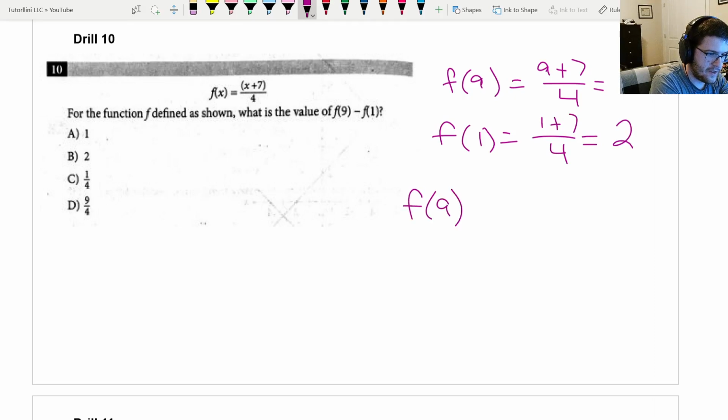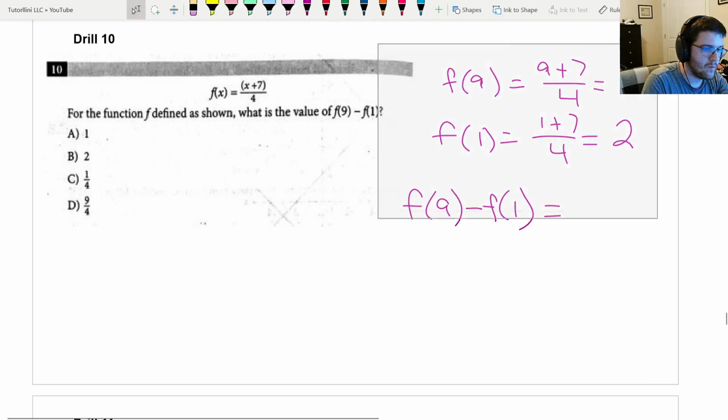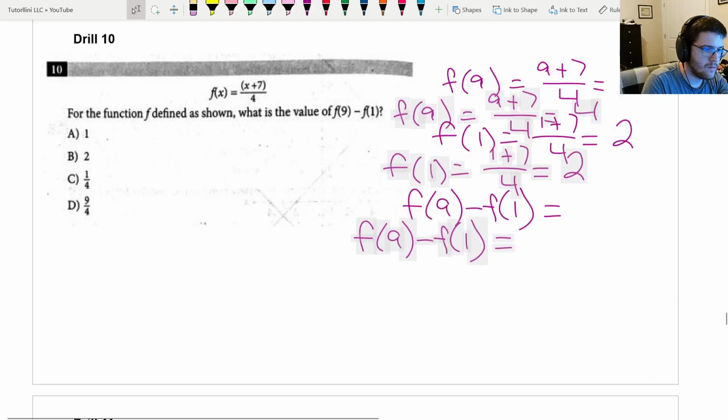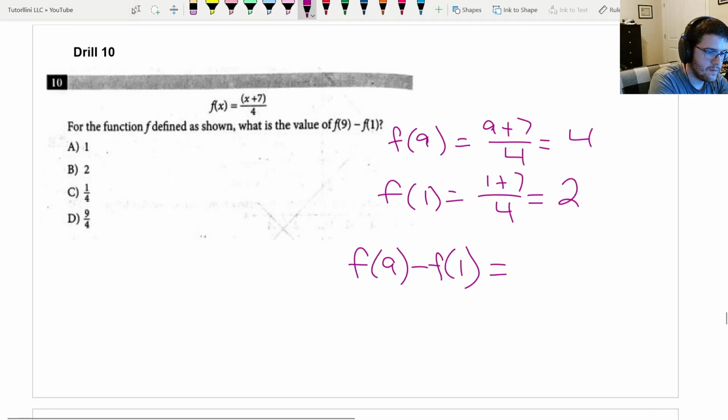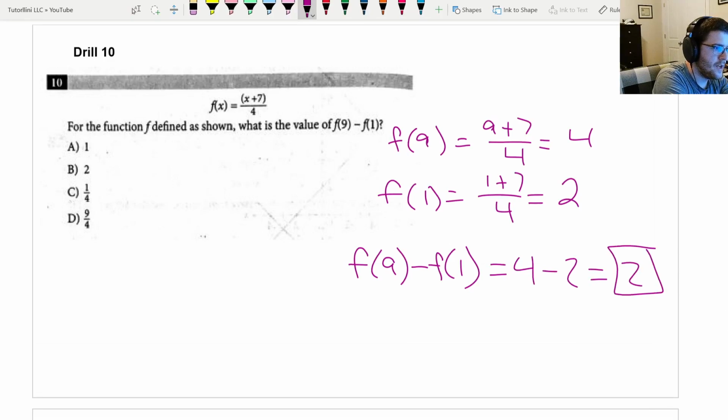So f of 9 minus f of 1 is equal to 4 minus 2, which should be 2. And I think that's answer choice B, which is right.